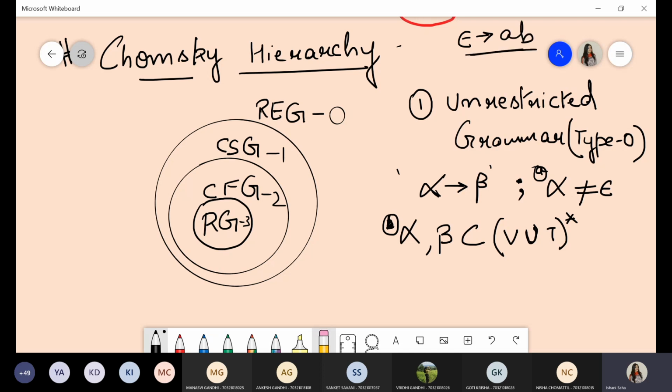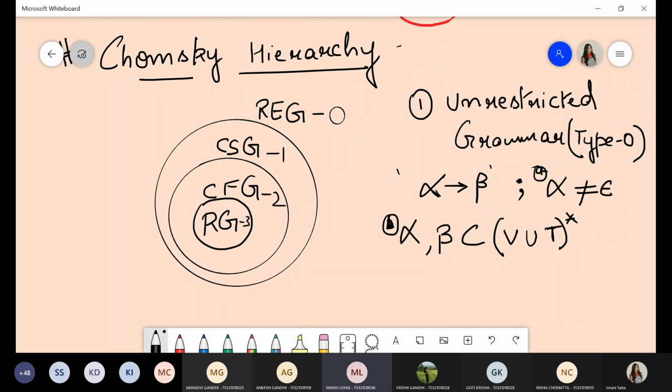So alpha can never be epsilon. Beta can be epsilon, a grammar producing nothing, that is possible, but the reverse is not true. And the subset is of terminals and variables, non-terminals and terminals. This is union, V union T.